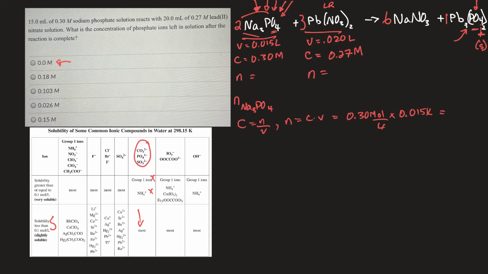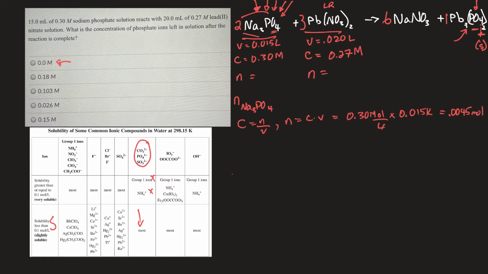The liters cancel, and that gives me 45 something. Okay, 0.3 times 0.015, 0.0045 moles. Okay, and that's of the sodium phosphate.